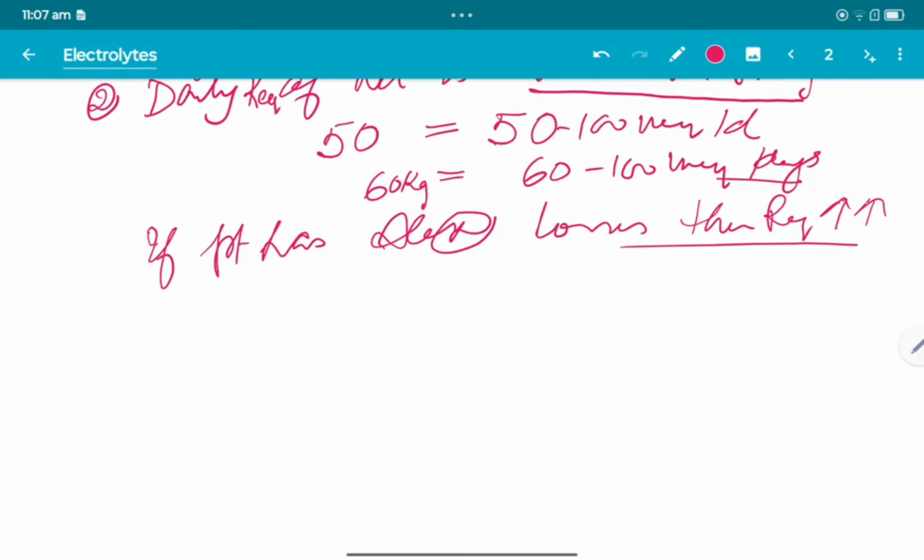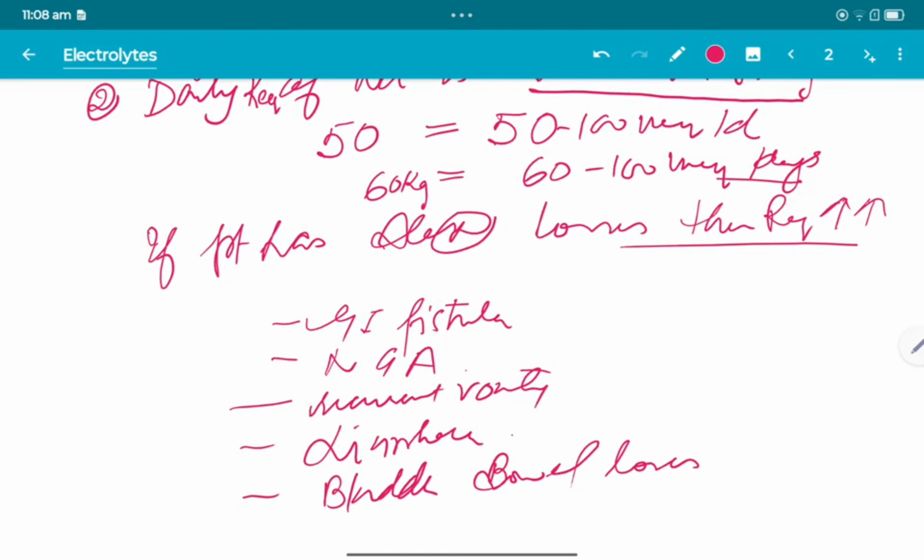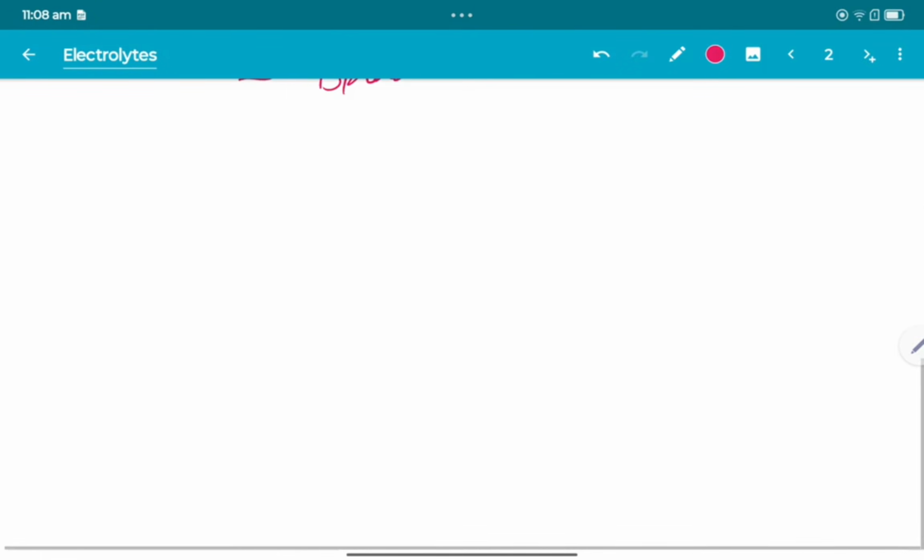Abnormal losses in the form of either GI fistulas, nasogastric aspiration, recurrent vomiting, diarrhea, bladder and bowel losses. So these types of losses increase the requirement of sodium. So we have to calculate what is the deficit and how to replace these losses.